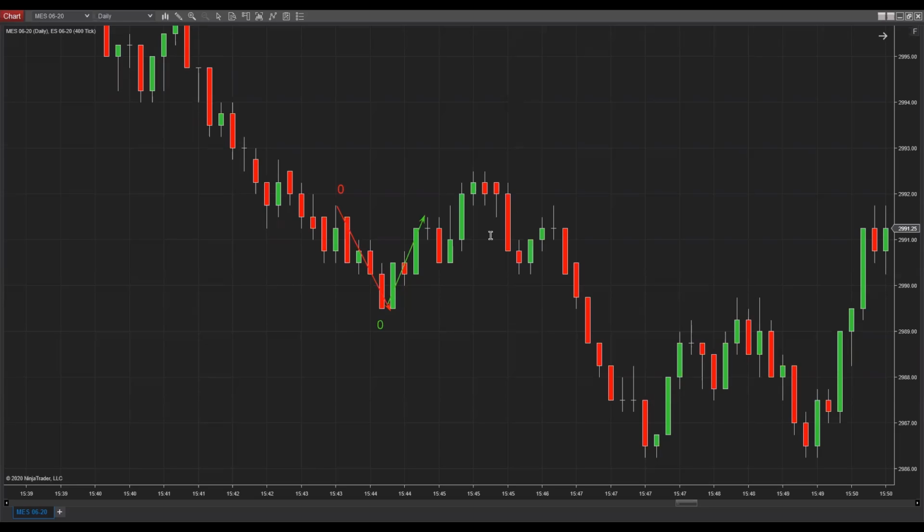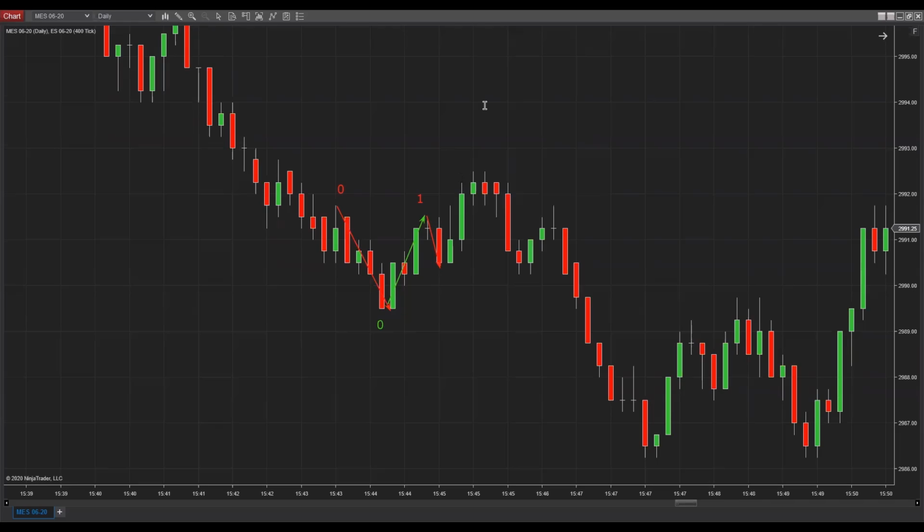Now, the down legs will continue counting if the pivot high is lower than the previous pivot high. So the next down leg we see here will be a 1.